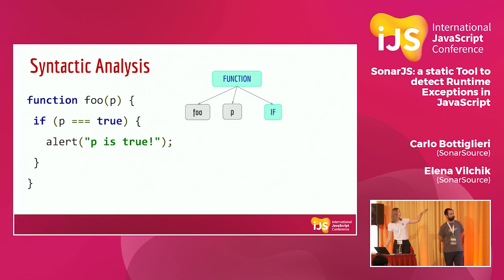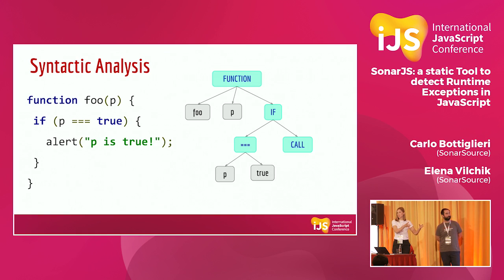The function has a name, parameters, and a body. In which case, this is an if statement. An if statement has a condition, which is a strict equal in this case, and the body, which is a call expression. If we go deeper, we have operands of the expression in the condition, and we have the callee and the arguments of the call expression.